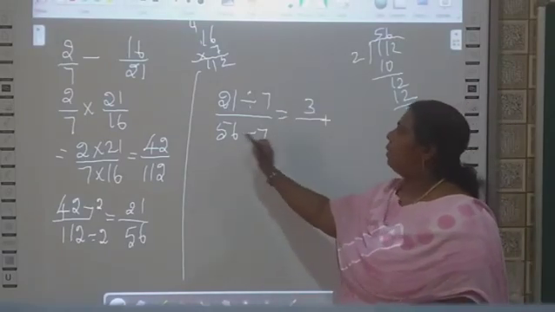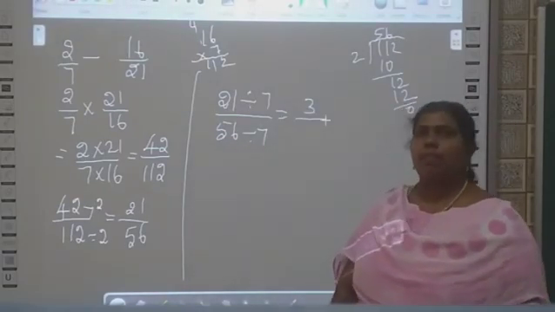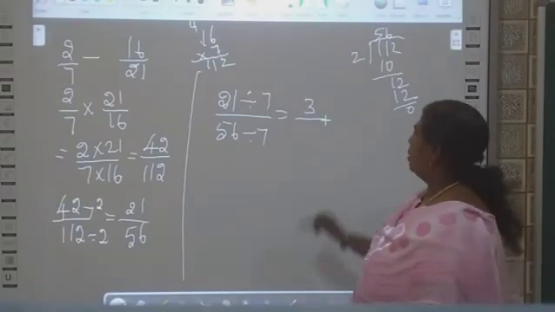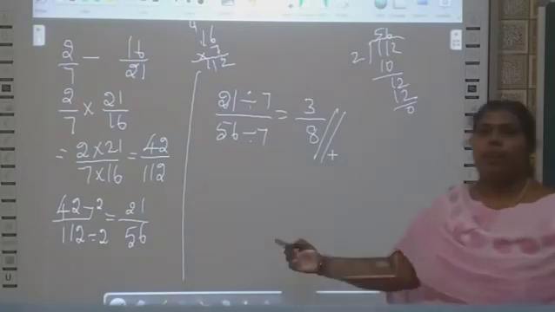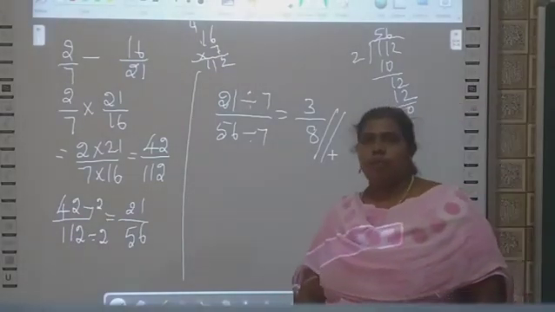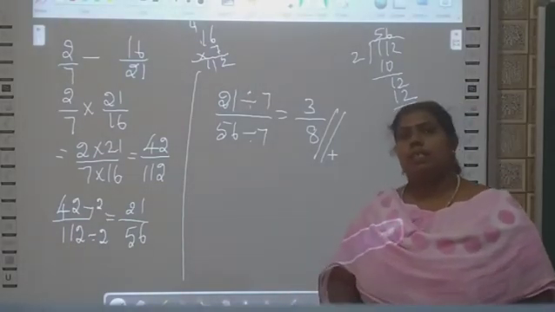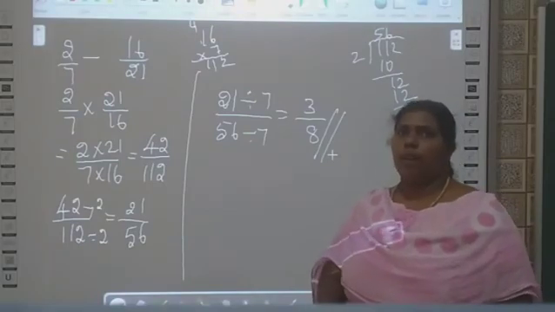Here 7th table, how many times? 8 times 7 is 56, right? 8. Answer is 3 by 8. Like that also you can do it. So, whichever method is easy, you follow that one. Okay children?